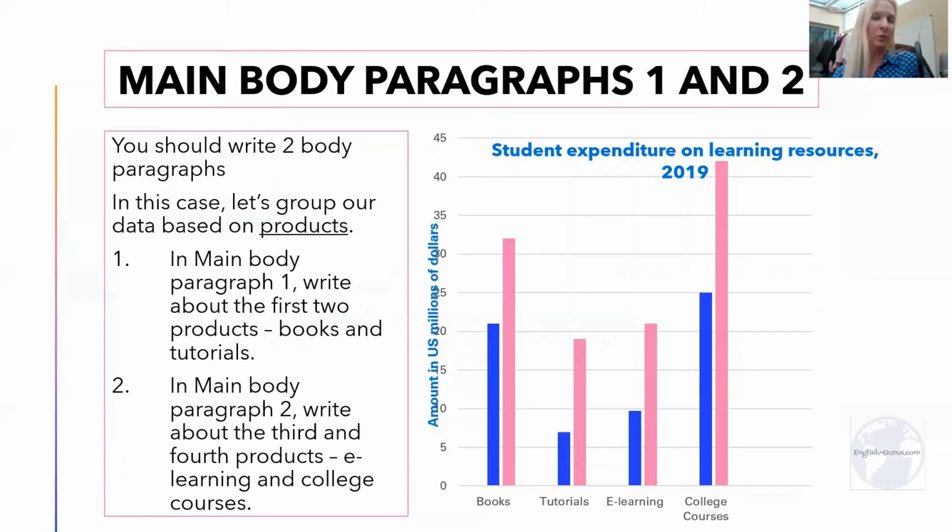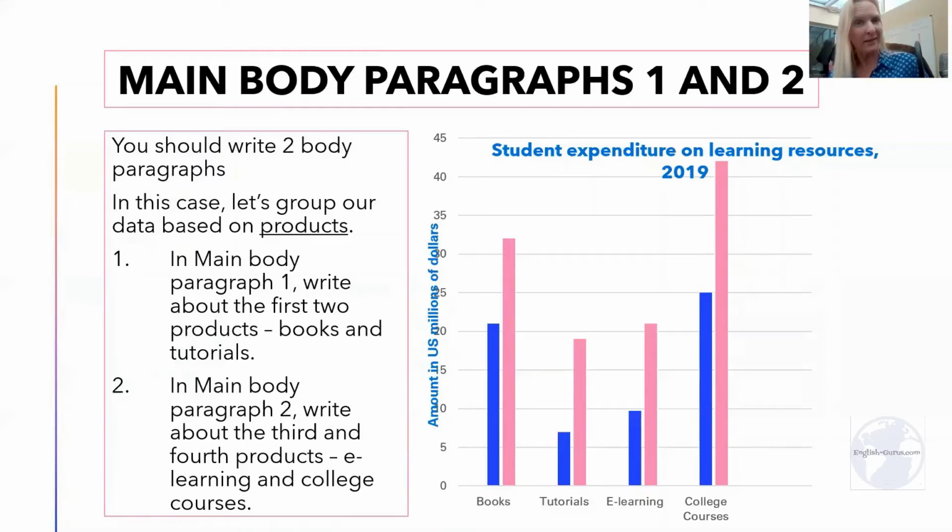We could group the information based on the country, the United States and Canada, or we could group the information based on product. In this case, I've decided to group the information based on product. So I've divided the products into books and tutorials, and the other products, e-learning and college courses.